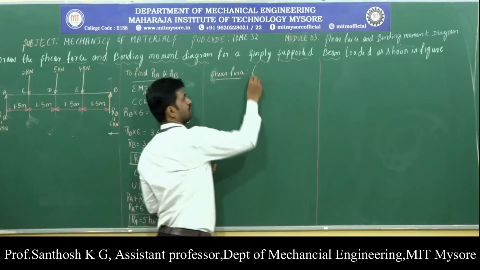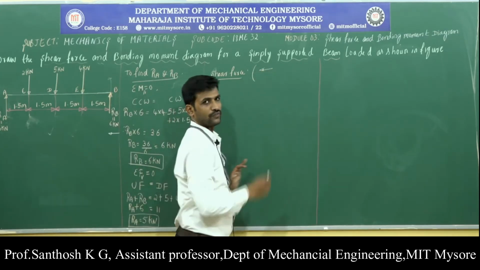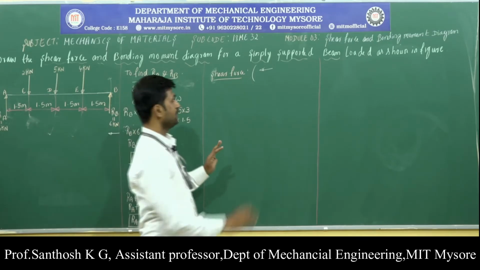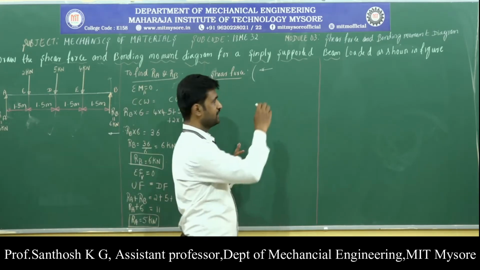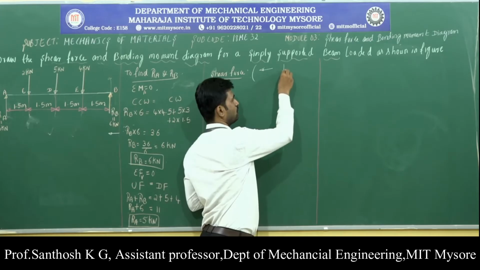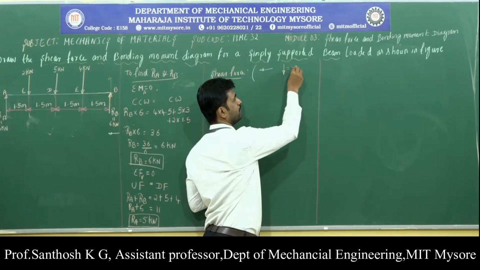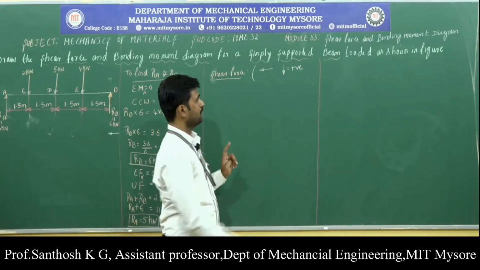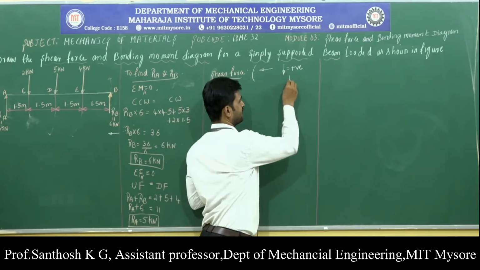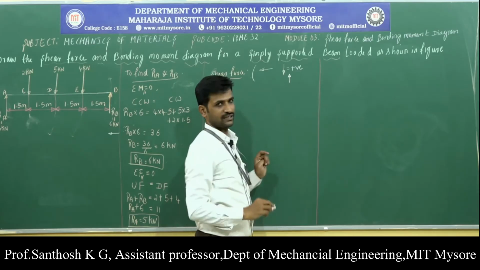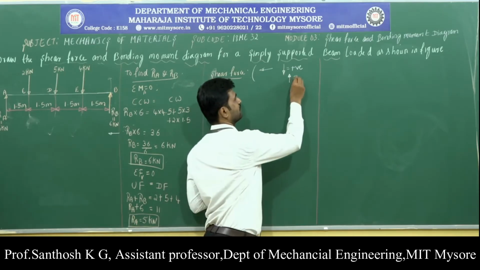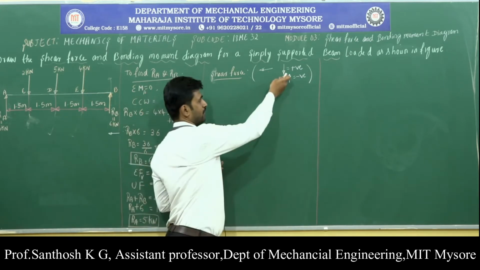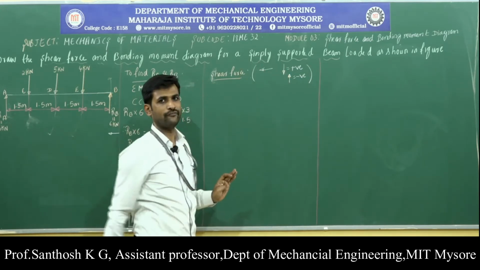The movement is always from the right side towards the left side, and if the force is acting in the downward direction, then we will consider that force as positive, and if the force is acting in the upward direction, then it should be considered with a negative sign when we are moving from right side to left side.